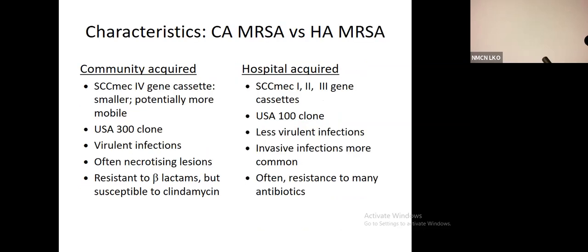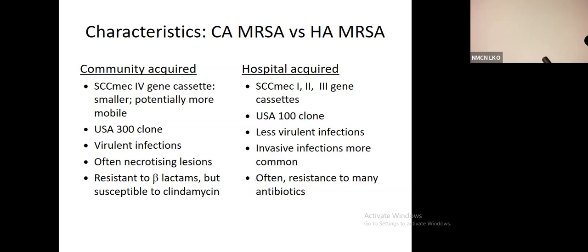Now coming to CA-MRSA, that is community acquired, and hospital acquired. The Western world is full of community acquired MRSA. They find virulent infections, often necrotizing, and they are resistant to beta-lactams but susceptible to clindamycin. But with hospital acquired, the gene cassettes are different.